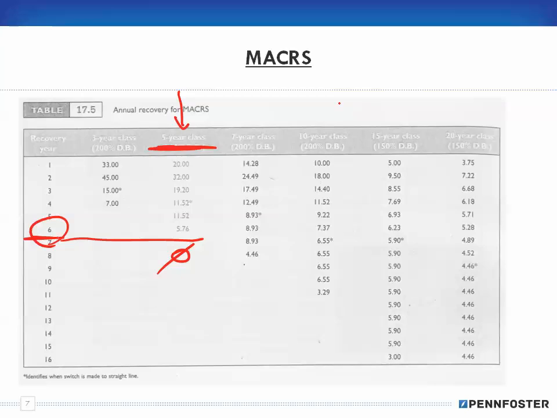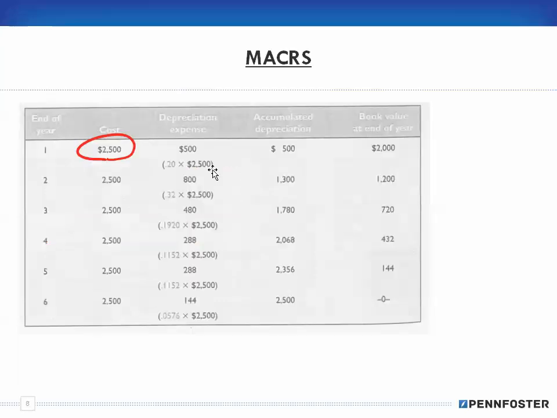But our first year in this asset class, we're going to depreciate it by 20%. So we come down, and in our schedule, we take our 2,500 and we multiply it by that 20%. And that gives us $500. That's our depreciation for this year. So of course, at the beginning of the year, the accumulated depreciation was 0. You've seen this before, plus 500 gives us the accumulated depreciation of 500.